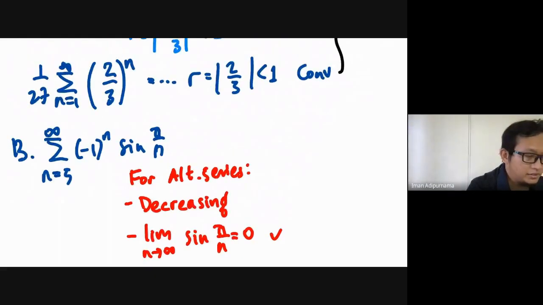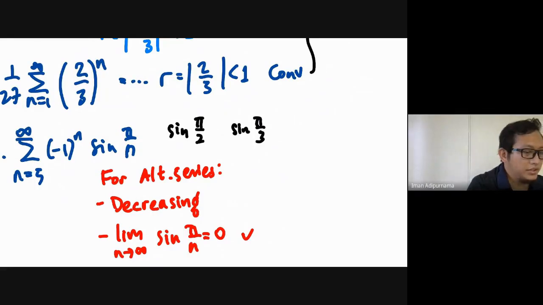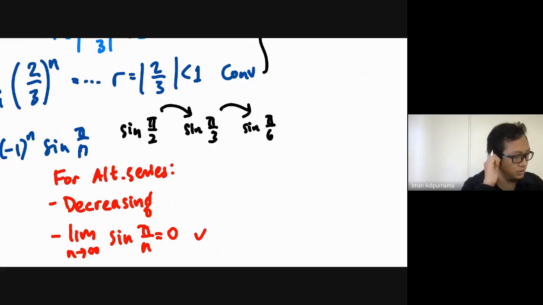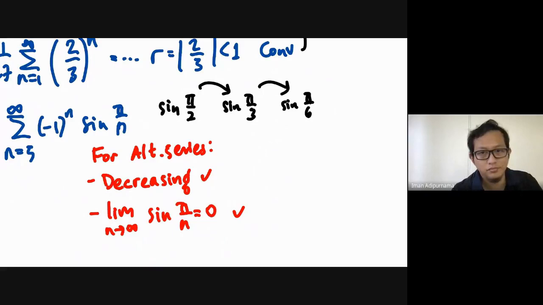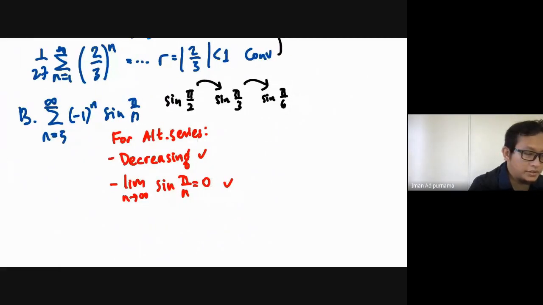And if you check the sine values, let's say sine pi/2, and then sine pi/3, it's already decreasing, right? If you add sine pi/6, it's also decreasing. So decreasing is also correct. So by the alternating series test, this converges.